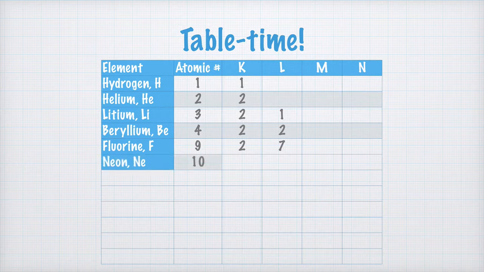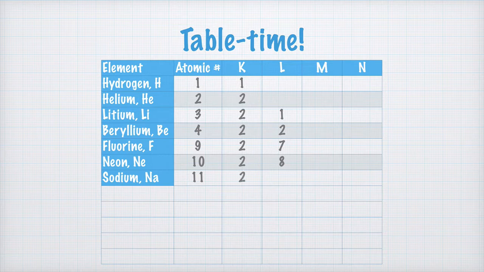There are then 10 protons in the nucleus, and thus 10 electrons to be distributed. First, 2 electrons in the K shell, and when it's full, we put the remaining 8 electrons in the L shell. Sodium has the atomic number 11. As usual, we know that there are 11 protons in the nucleus, and thus 11 electrons to be distributed. We first put 2 of them in the K shell.